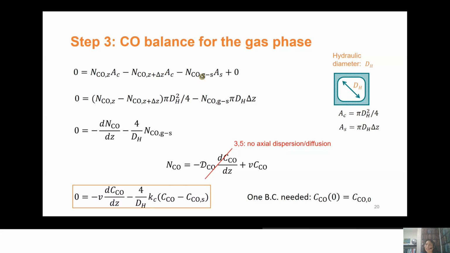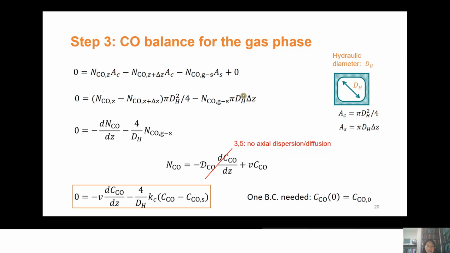The first line here is the same equation as we had on the last slide. In the next line, we just substituted in the definitions of the areas, the expression for AC here and the expression for AS here.